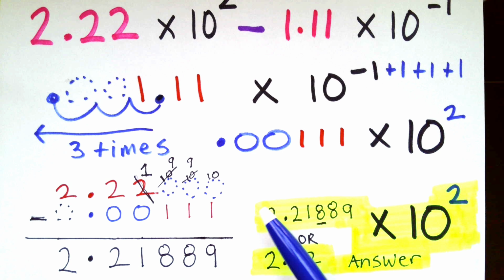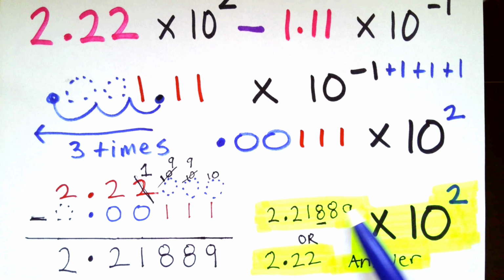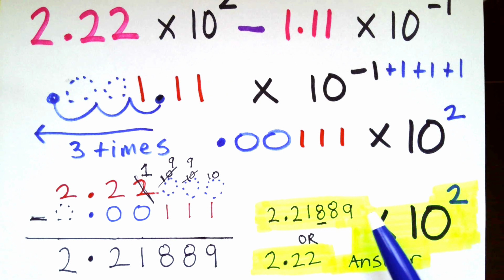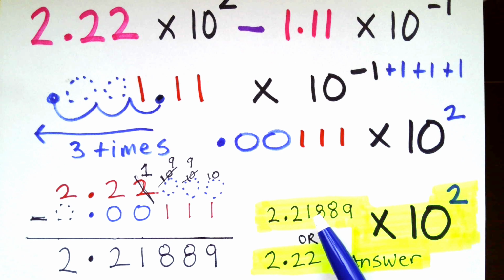Now I want to show you over here to the right. This is the same value. So 2.21889 times 10 to the second power is a correct answer. However, if you wanted to, see the number to the right of the 1 is an 8. That 8 is 5 or larger, so that means you can round that 1 up to a 2, which I'm showing you right here.